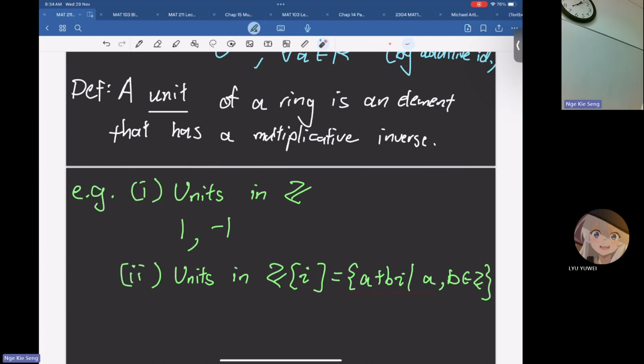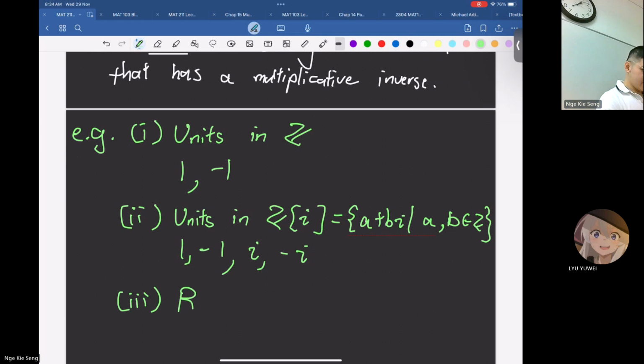Any other units? i and -i, right? Because what is the inverse of i? Just -i. And the inverse of -i is what? i, right? Is it okay? Nothing tricky here, huh? Okay.